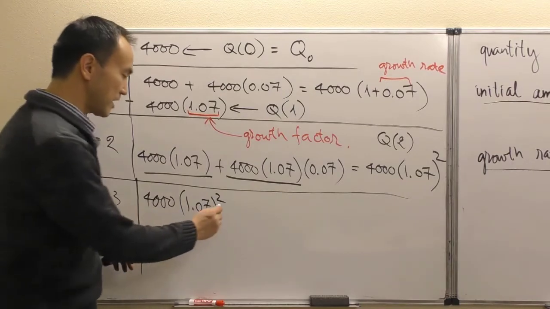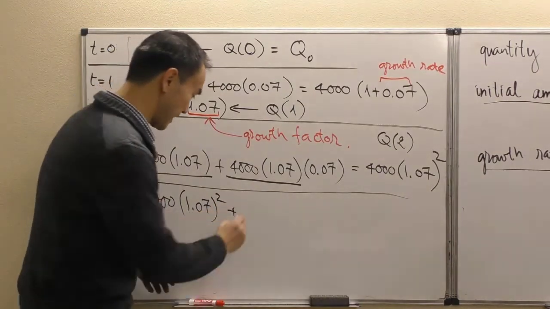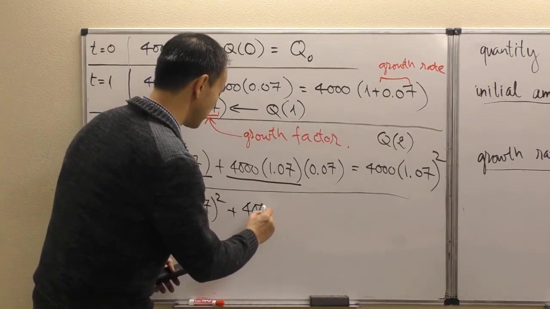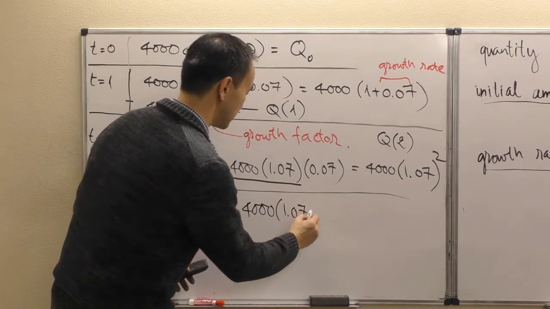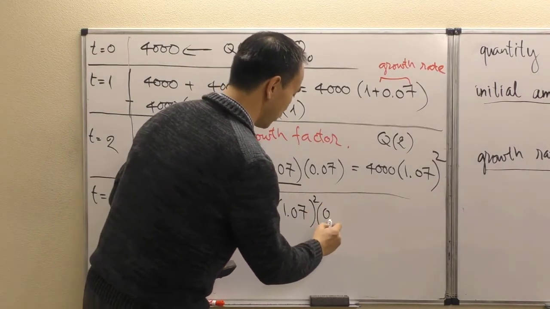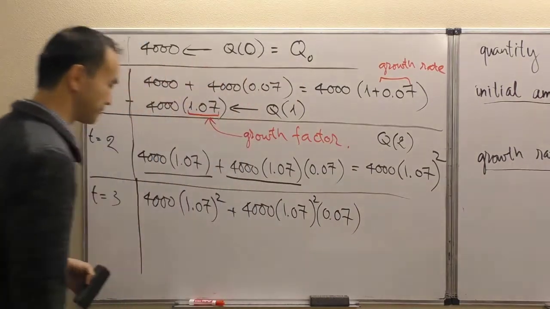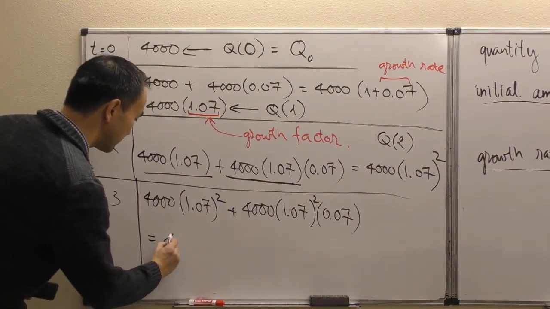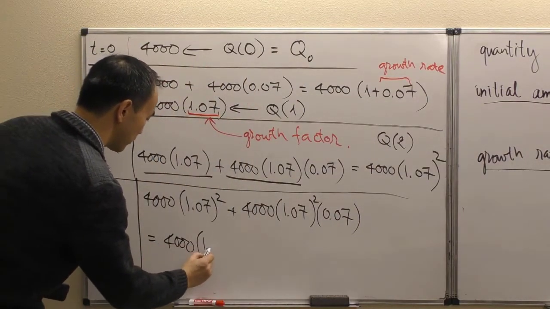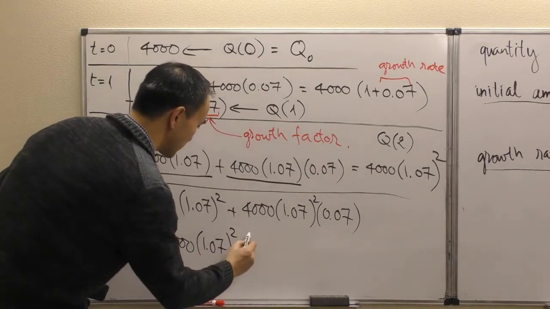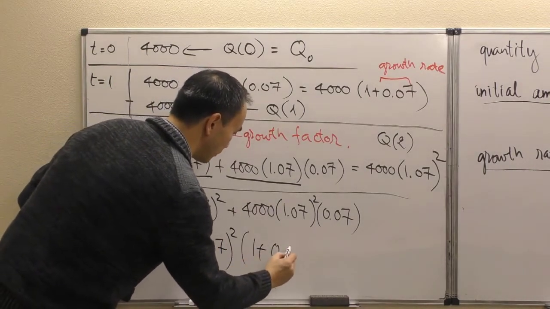I'm going to add another 7% of that: 4,000 times 1.07 squared times 0.07. And that is 4,000 times 1.07 squared times 1 plus 0.07.